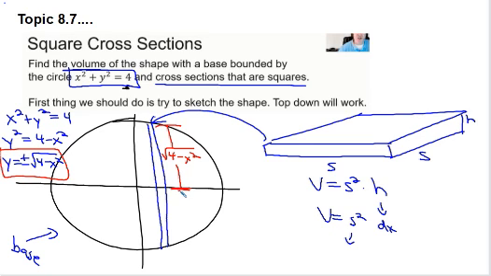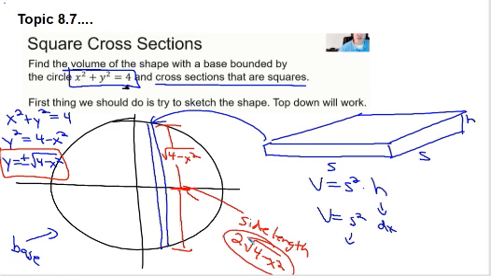There's another half down here. So the side length is 2 times the square root of 4 minus x squared. That is one side of our Scrabble piece.